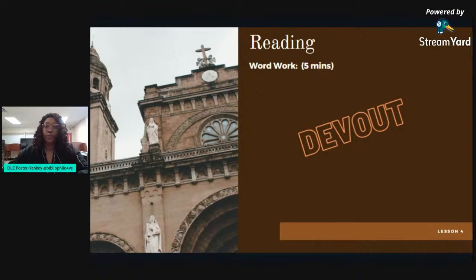The teacher will ask for the part of speech and conclude word work with a synonyms and antonyms activity. Where they will ask for words that have similar and opposite meanings of devout and guide students to use the word devout in a complete sentence. For example, an antonym of devout is, and students will fill in the blank.